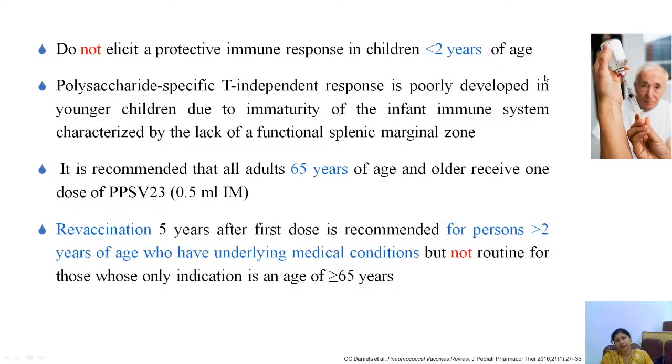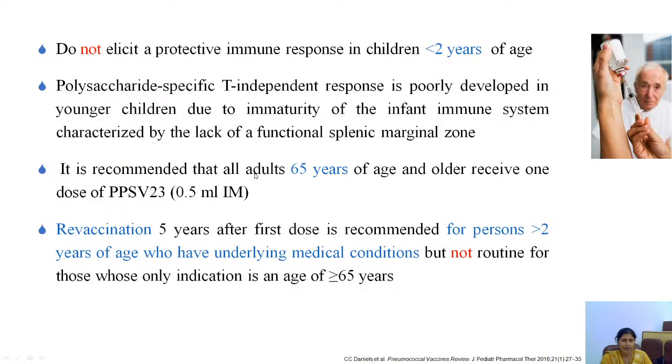So when you give a polysaccharide vaccine, the T cell independent response is very poorly developed in children less than 2 years. That's why it is not given below 2 years, due to immaturity of the infant immune system, characterized by lack of a functional splenic marginal zone.